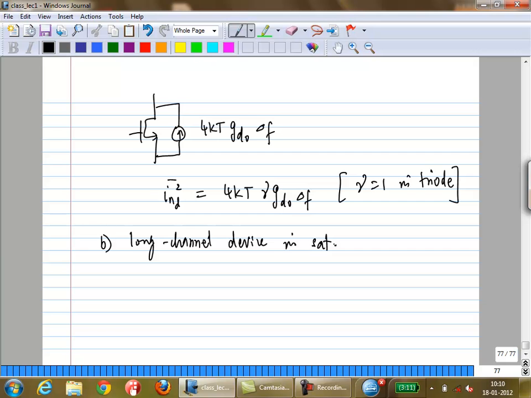So let's consider a long channel device in saturation and find out the noise. You can show that this also has the same form as that in the triode region, except there's a small difference.